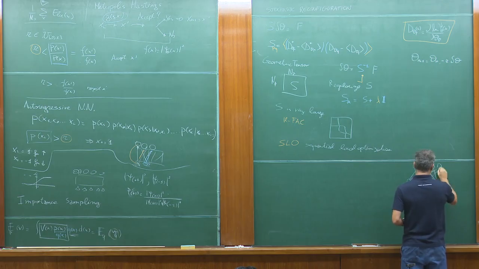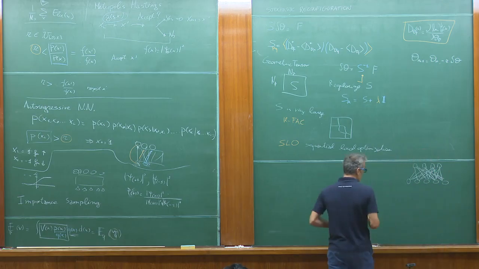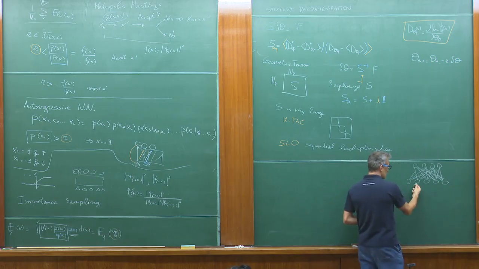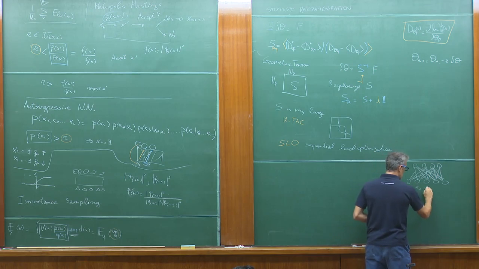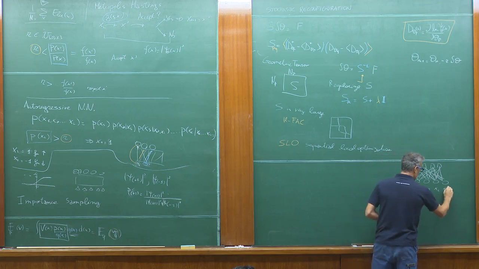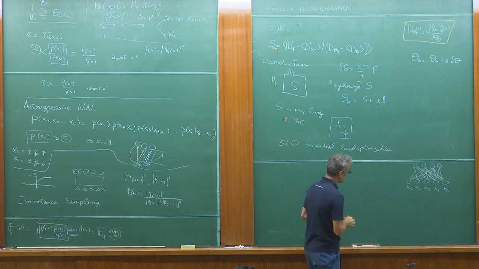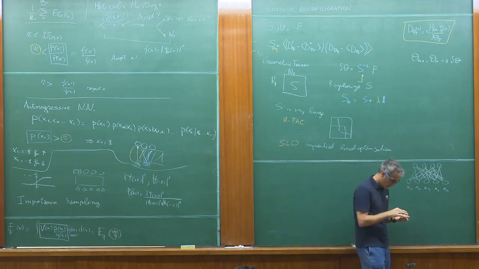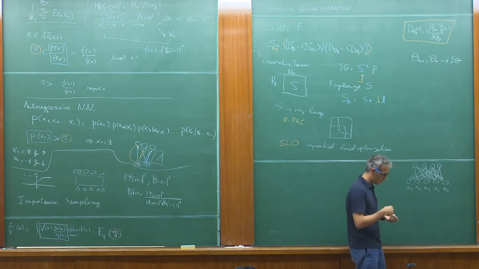Later I will give you a little survey of different types of neural networks that people use. So the point here is that you have the inputs of the spins x1, x2, x3, x4, and x5. The Hamiltonian is local, a lot of interactions are local, and we want to build up the correlations from small to large.